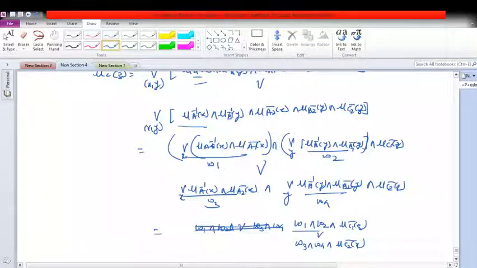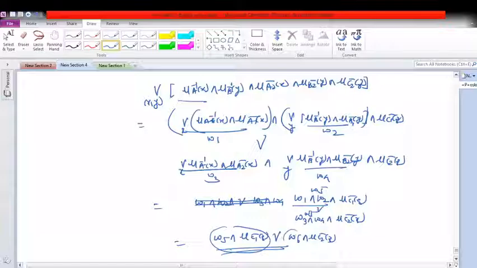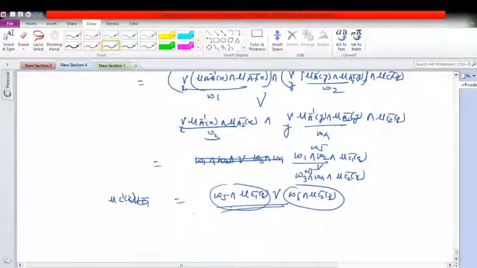Okay, so let me call this W5, this W6, do it on mu C1 bar or mu C2 bar of z, that is ORing. So W5 intersection on mu C1 bar of z ORing with W6 intersection on mu C2 bar of z. So this will be the addition of this and this, which will be the resultant membership function mu C bar dash of z. Okay, so this way you can evaluate the rule.